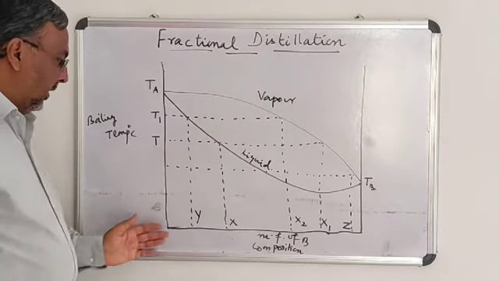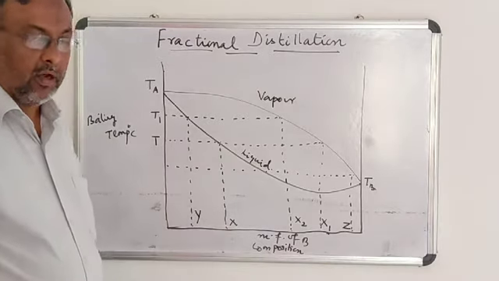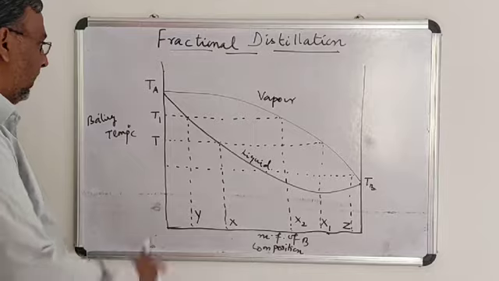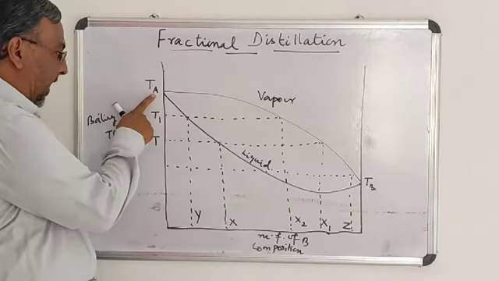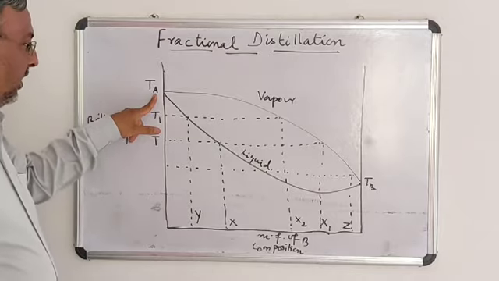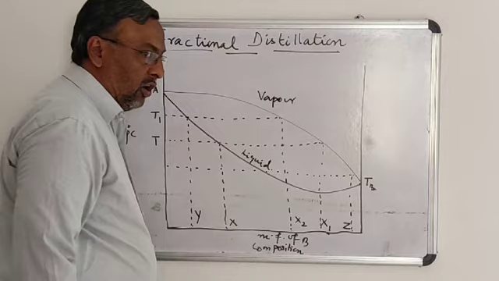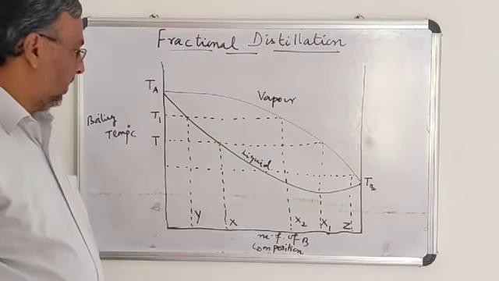When the boiling temperature is plotted against the composition or the mole fraction of B, here TA is the boiling point of pure liquid A, and TB is the boiling point of pure liquid B.